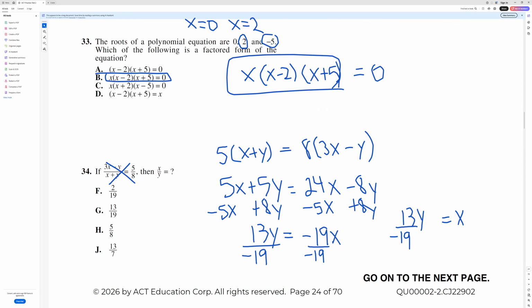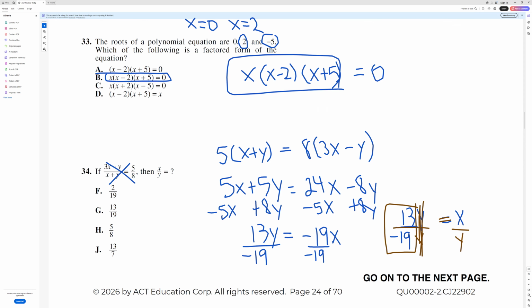So x is going to be equal to 13 over 19 negative. Or somehow I missed the sign. Oh yeah, this is positive, sorry. 24 positive minus 5 is positive 19. No worries, 13 over 19 is the answer. Let's see what happens when you're rushing. You can only rush so much.